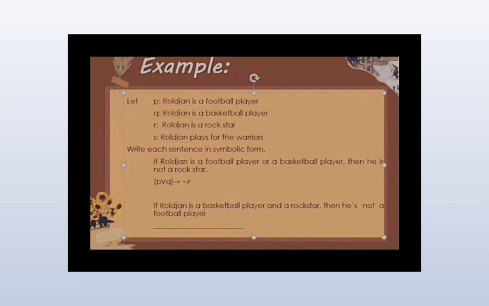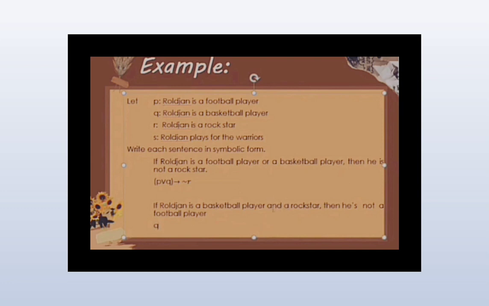Alright, so for the second one, we have here, if Roljan is a basketball player and a rock star, then he is not a football player. So, since it starts with F, so F, then followed by then, therefore the connective will be implication. Alright, so we let Roljan is a basketball player as Q, so we have here Q. And a rock star, we have here connective and.